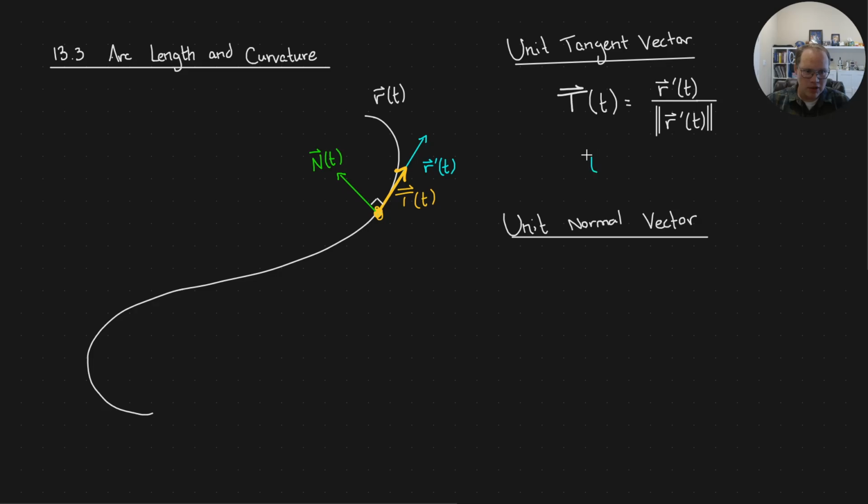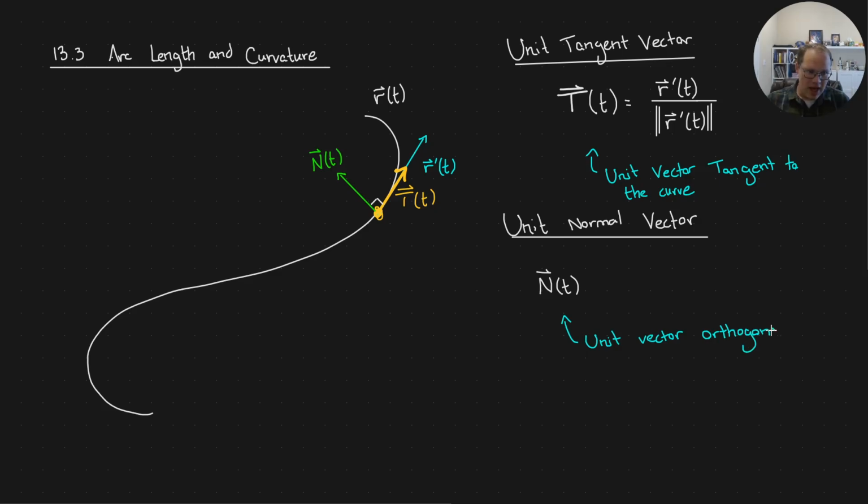Okay? And maybe I should put a descriptor here. T of t: unit vector tangent to the curve. And N of t, which I'm not going to give you a formula for yet, the unit normal vector, is going to be a unit vector normal to the curve, or orthogonal to the curve.